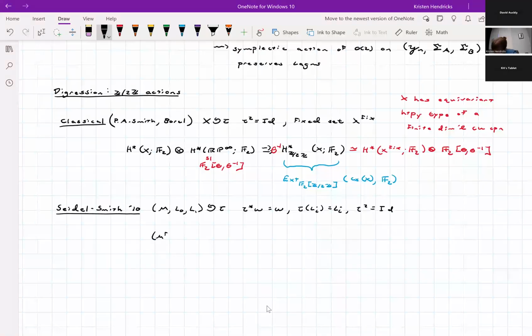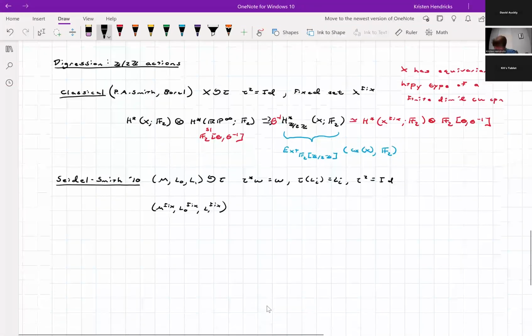And if I look at the fixed sets of that under tau, so the fixed set of the manifold and the fixed set of each Lagrangian, if all of these things are connected, then it's a new symplectic manifold with new Lagrangians in it. If they're not connected, it might be several symplectic manifolds of different dimension, but today it'll always be connected.